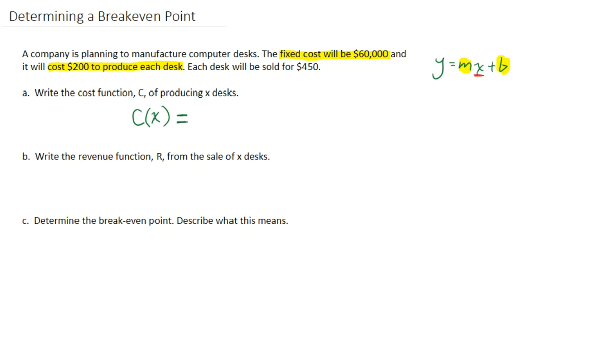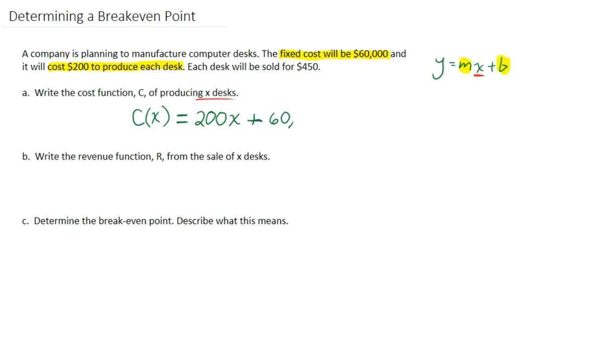And so if we let x equal the number of disks produced, which is what they tell us to do, then the thing that will change with the cost being multiplied by the number of disks produced is the 200. So, in other words, if I have 200x, then every time x goes up, that's going to increase my cost. And then the thing that isn't driven by the number of disks but is held steady is your fixed cost.